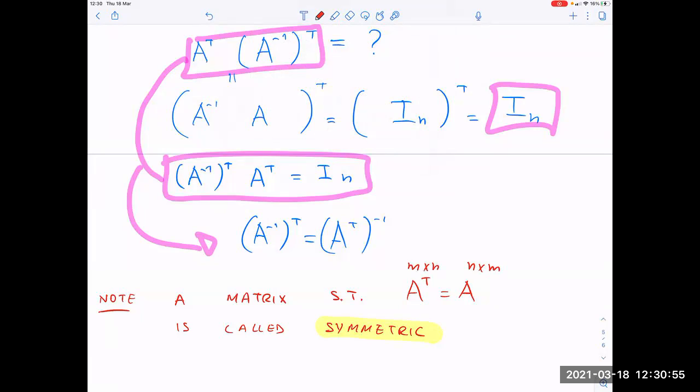If they are equal, it must be n equal m, right? That's necessary. So it must be that the matrix is square. Yes, Cesare Piemontese, when you take the transpose of a matrix, what is on the diagonal stays fixed when it is square.